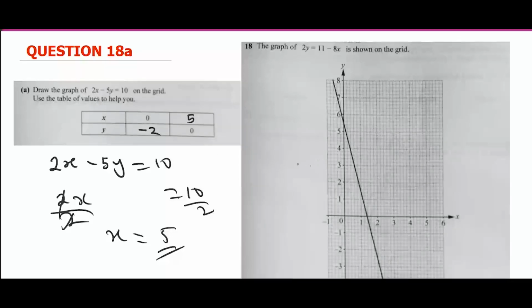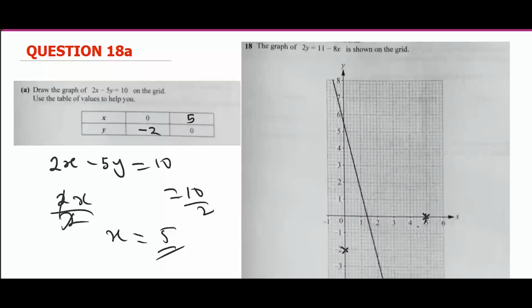Okay, now let's plot these values on the grid. When x equals 0, y is equal to negative 2, so it will be down here. The second one, when x equals 5, the value of y equals 0, it will be here.